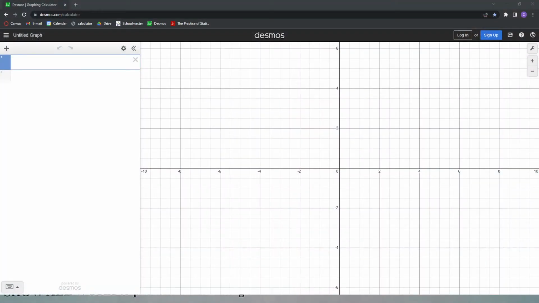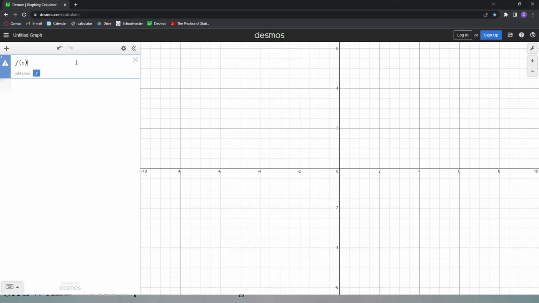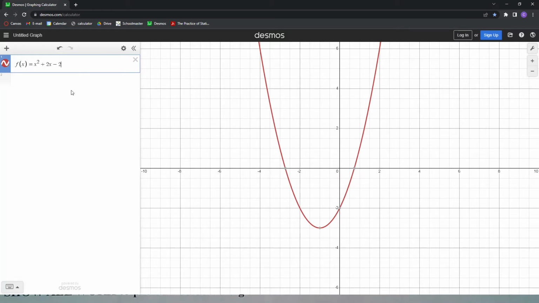So for this particular one here, to find it on Desmos, the original equation was f of x, and you actually type it in just like it appears on the assignment. So f of x equals x to the second power, and then plus 2x, and then minus 2. And we're doing f of b minus f of a over b minus a.